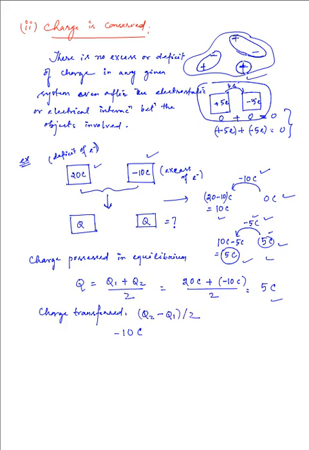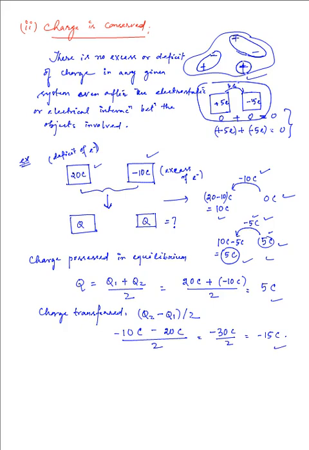Q2 in this case is minus 10, the excess of electron case, minus Q1 is obviously plus 20, so minus 10 minus 20 is minus 30 coulomb over 2, that is equal to minus 15 coulomb. So this was the amount of charge transferred.